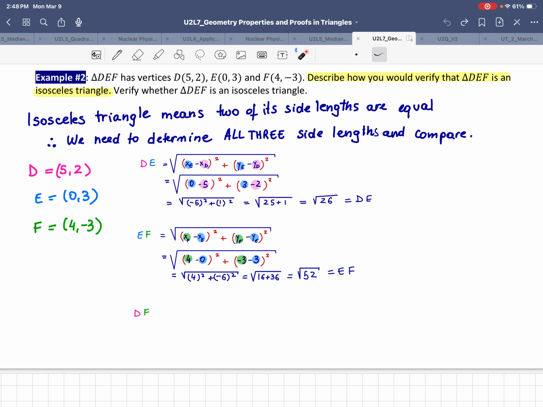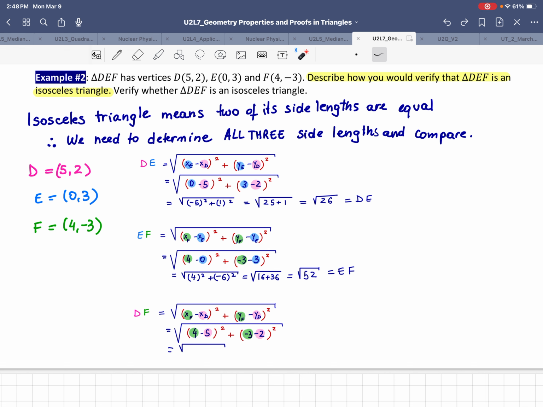So DF would be equal to the square root of, again, from D to F, x at F minus x at D squared plus y at F minus y at D squared. Now we'll substitute the values. So we have 4 minus 5 squared, and then negative 3 minus 2 squared.